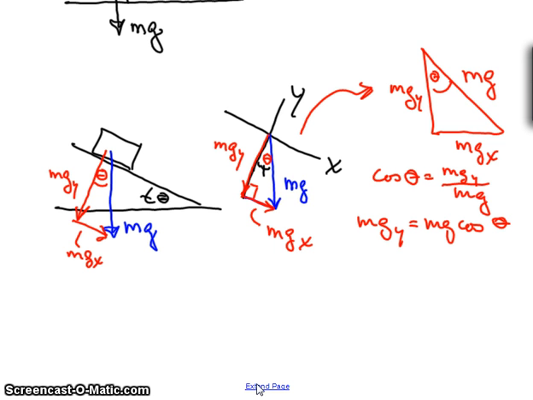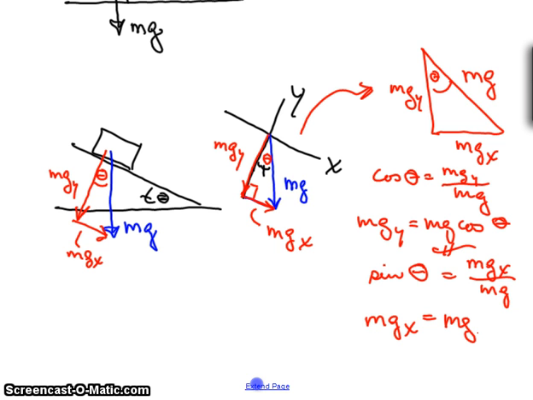Ordinarily, we associate cosine with x, but that's because the angle is referenced to the y-axis. Consequently, we can also see that the sine of the angle is going to equal the opposite mgx over the hypotenuse, mg. Or we can say that mgx is going to equal mg times the sine of the angle.